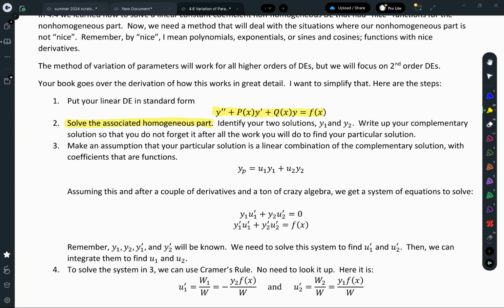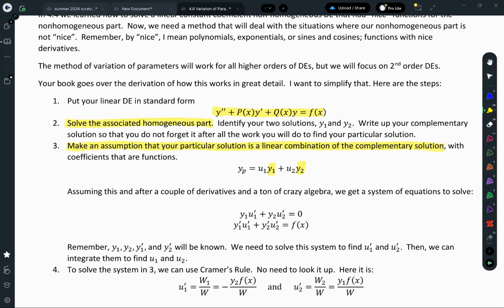So the key to the variation of parameters is that we are going to make an assumption that our particular solution is a linear combination of the complementary solution, where the coefficients of the y1 and y2 that we found when we found the homogeneous solution.